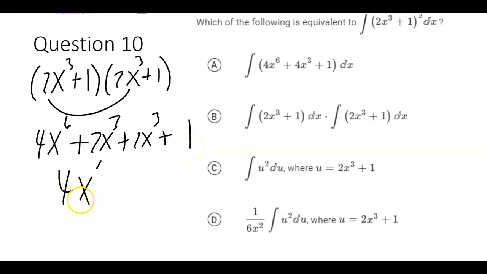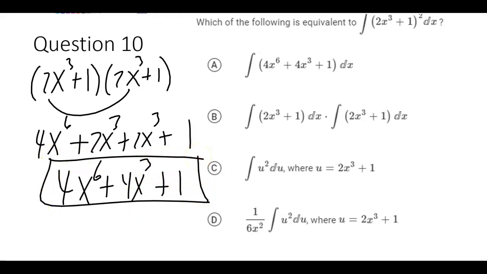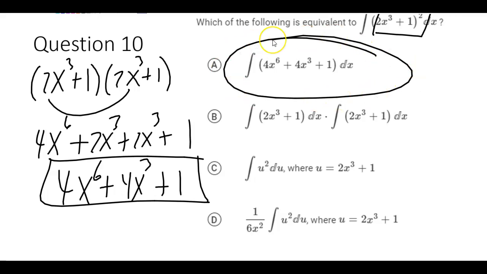By FOILing that out, doing the first, outer, inner, and last, we can find that that is a true statement. So instead of trying to do u substitution or splitting up the integral, we could just FOIL out the expression and come up with a much simpler looking integral that way. And so for this one, the answer is A.